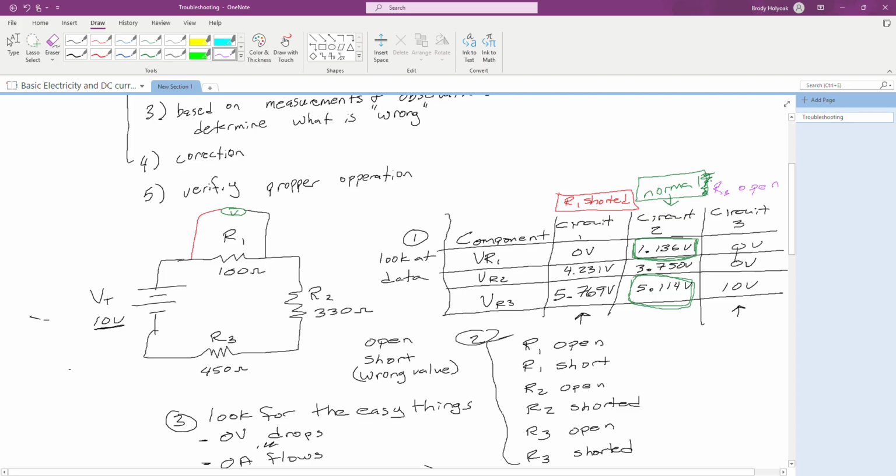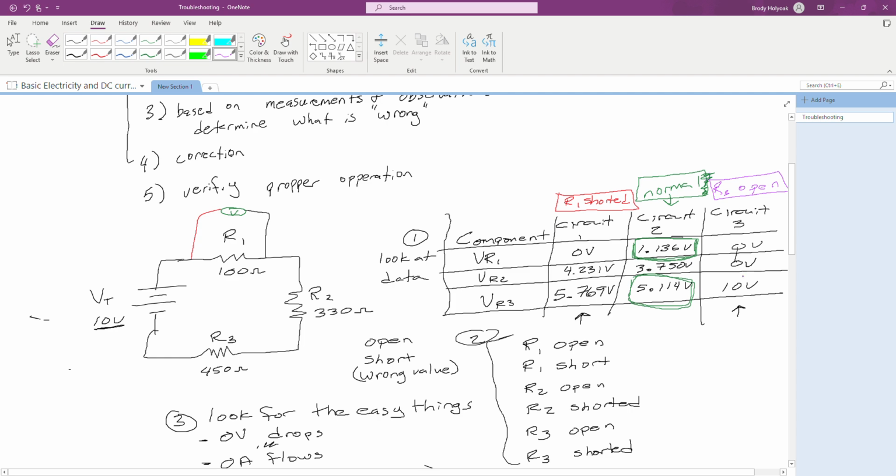fact that every other component is not reading anything, but R3 is reading all the voltage in series, meaning the meter has taken charge of that and is now messing with the circuit. But it is also showing where that fault is because of that. So as we go through with these troubleshooting things, like I said, look for the easy solutions.